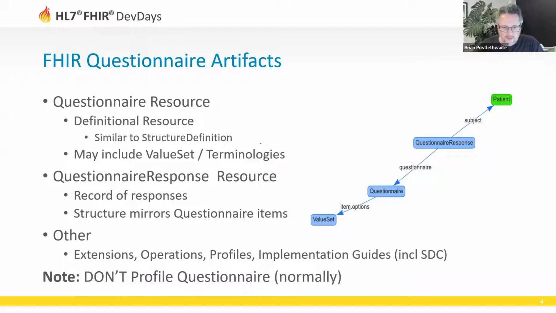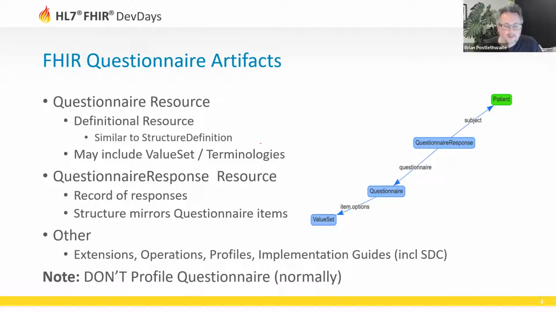And note, we don't typically profile questionnaire. One thing we've seen in the past is people start pulling out Forge or their favourite profiling tool and start trying to profile and slice up questionnaire resources to create their new form. Well, that's not the whole point. The whole point of the questionnaire resource is to be that definition.